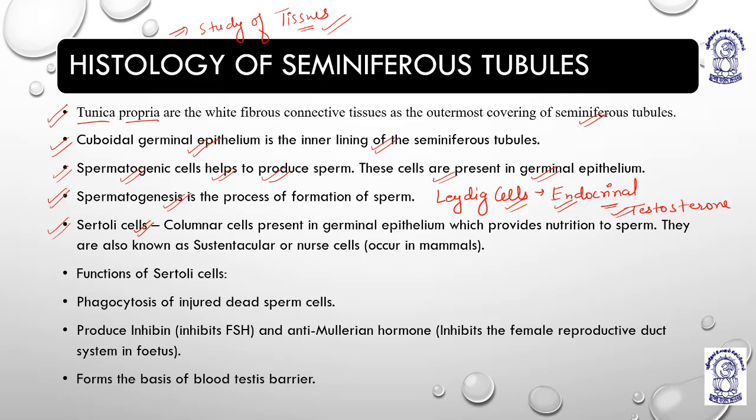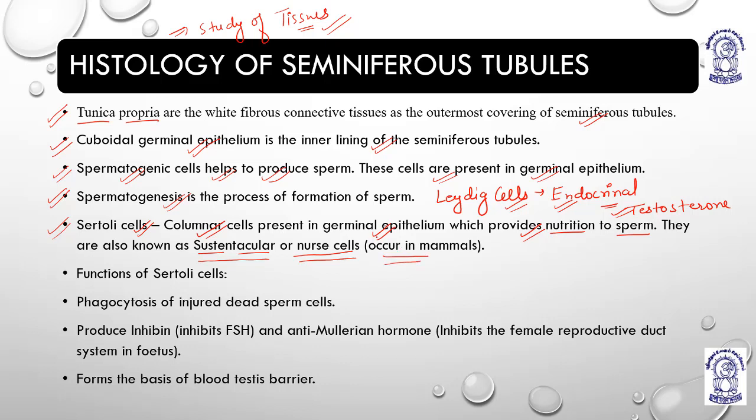Sertoli cells are columnar cells, okay? The germinal epithelium was cuboidal, Sertoli cells are columnar. They are present in the germinal epithelium and they provide nutrition to the developing sperm. These cells are also known as sustentacular cells or nurse cells. They occur in mammals, right?